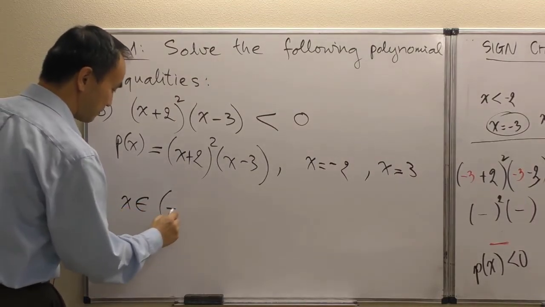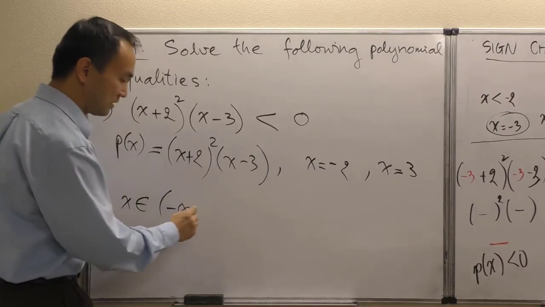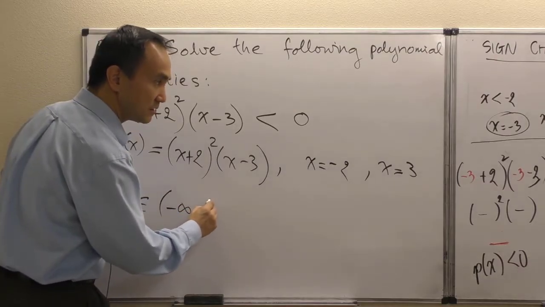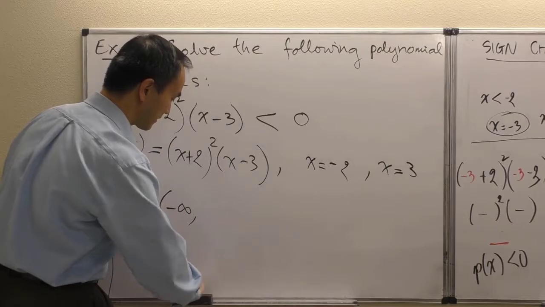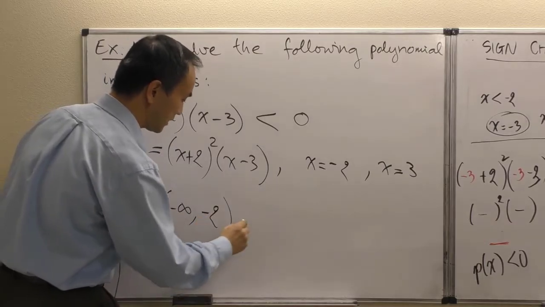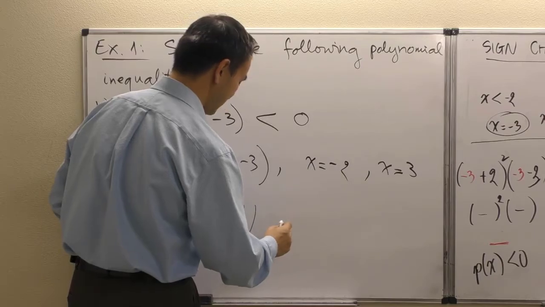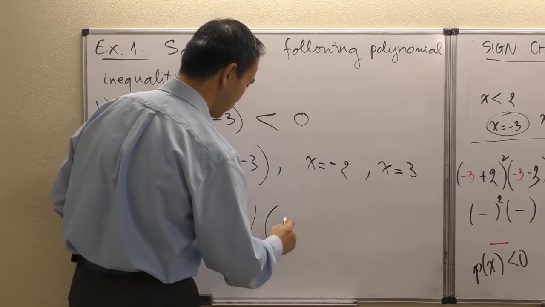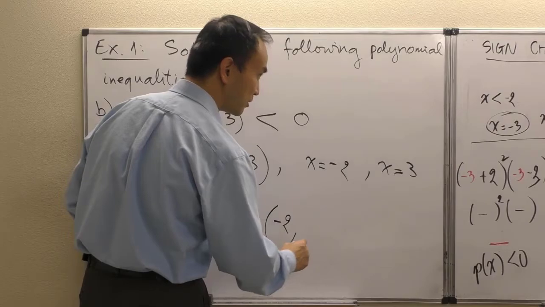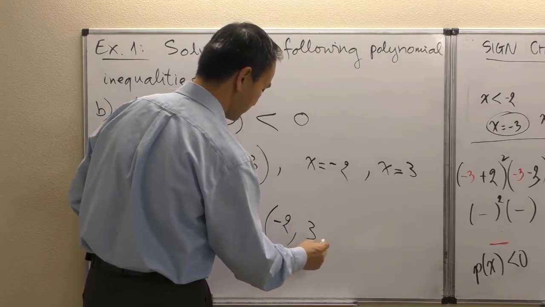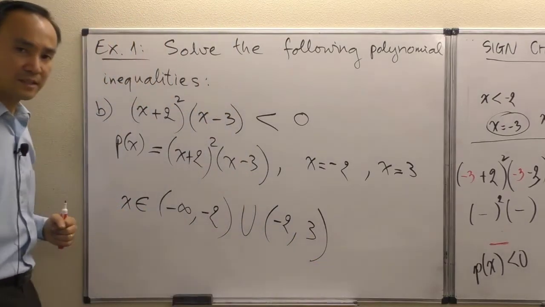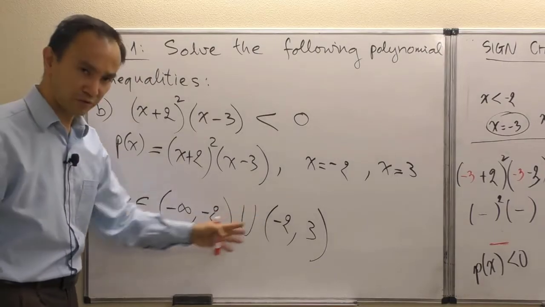Somebody may write negative infinity, comma, negative 2, and then union with negative 2, comma 3.